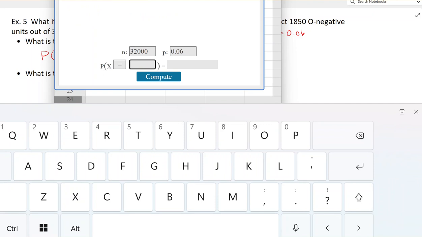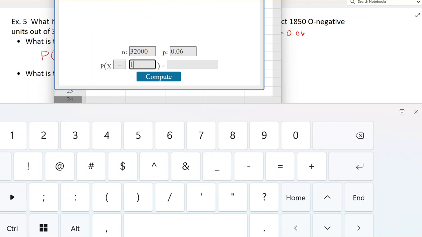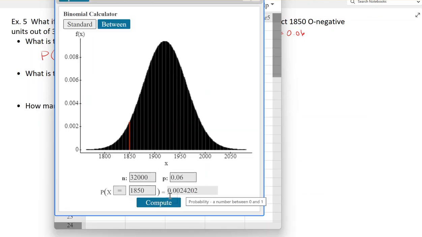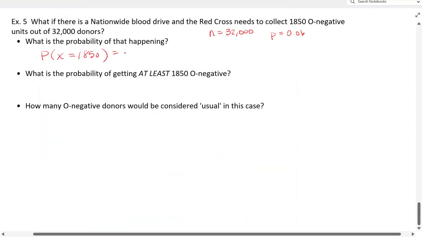So we're looking at what's the probability of getting 1,850 O negatives from a pool of 32,000. And you can see that the likelihood of that happening is 0.002. So not really likely to get the 1850.